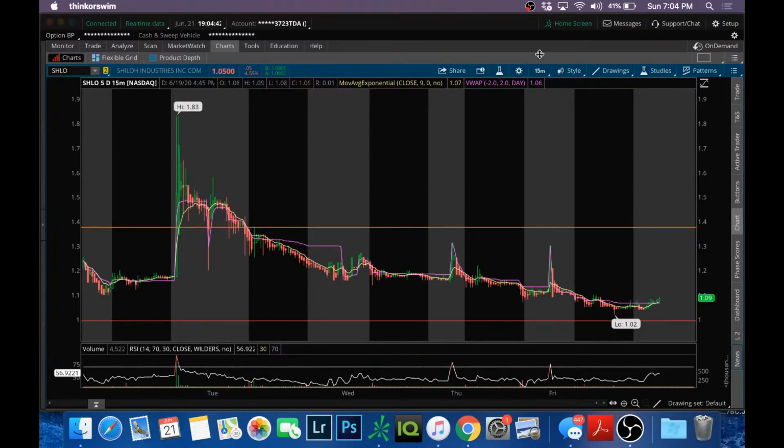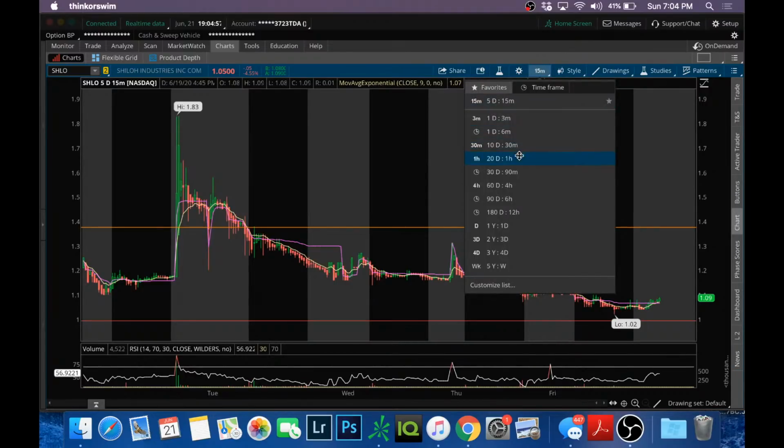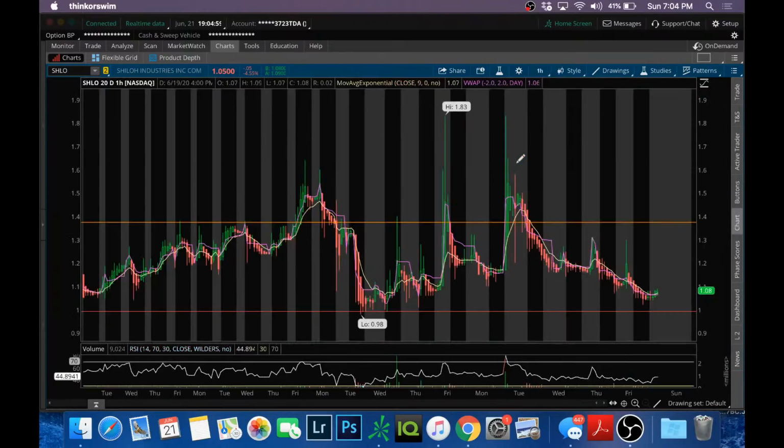It's showing that it should be bullish, which it did end bullish during after hours. It shot up from closing at $1.04, and then at the end of the market, it closed at $1.11, $1.08. So it ended bullish. But the thing is, you have to pay attention to the catalyst. And if there isn't a catalyst, it will dip very sharply.